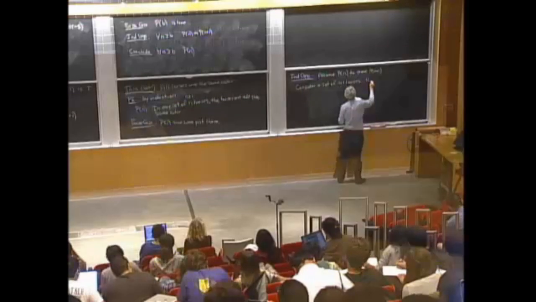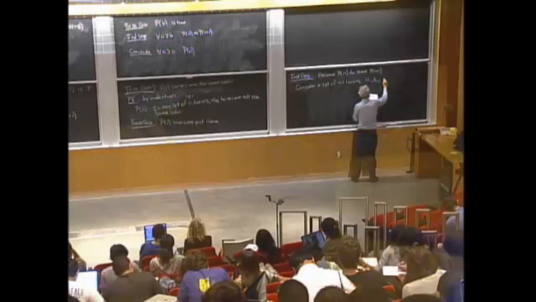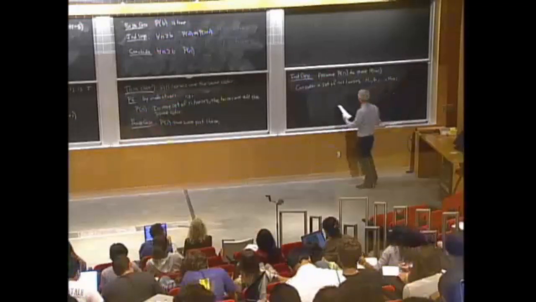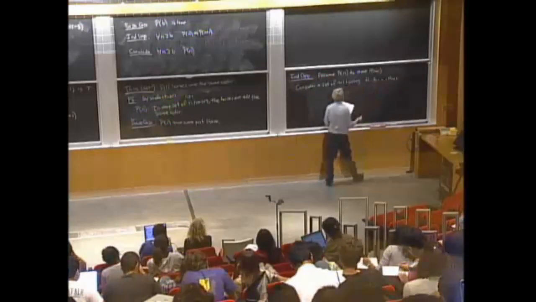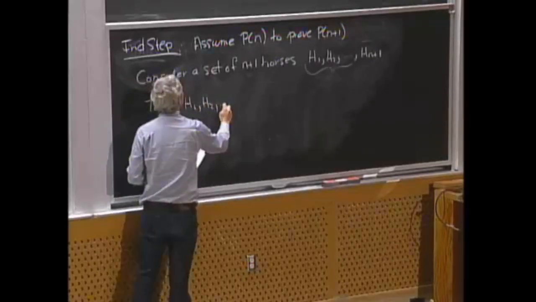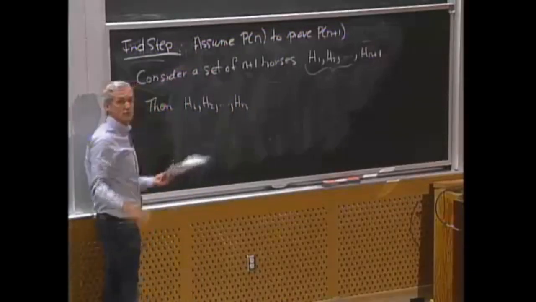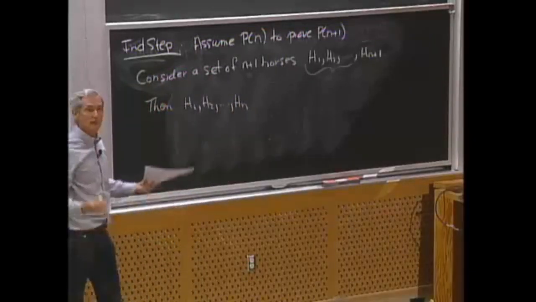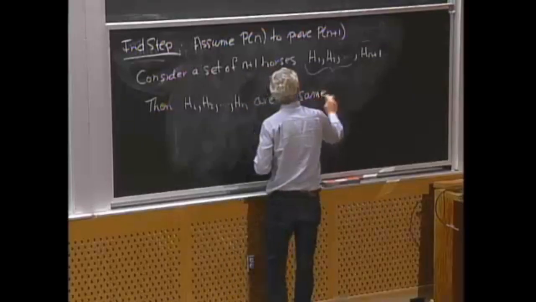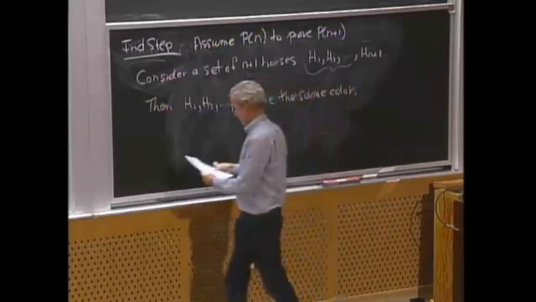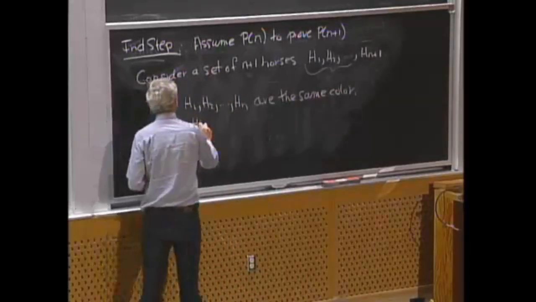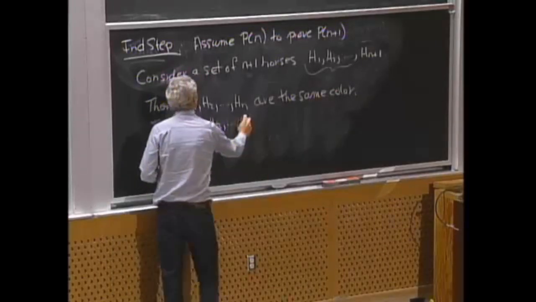And let's call those horses h1, h2, through hn plus 1. What do I know about horses h1 to hn? They're the same color because Pn is true. They're a set of n horses. By Pn, they're all the same color. Also, what do I know about h2, h3, through hn plus 1?